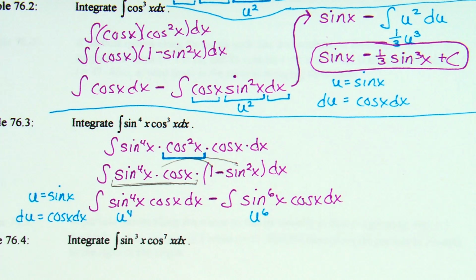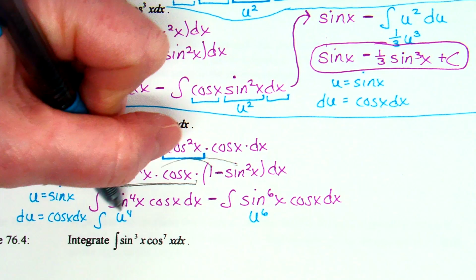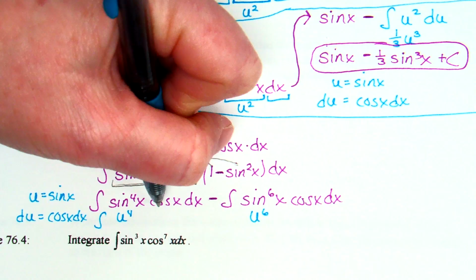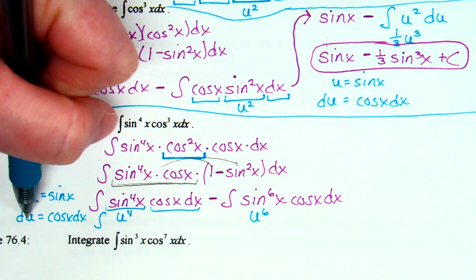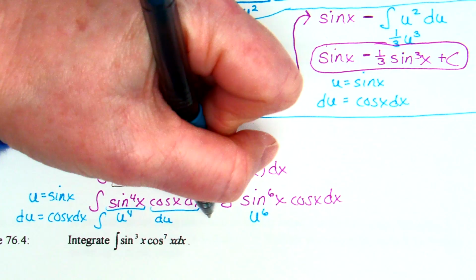What about cosine x dx? What represents cosine x dx? Du. Minus an integral. We have sine to the sixth x, which is represented by u to the sixth. What represents cosine x dx? Cosine x dx is du.